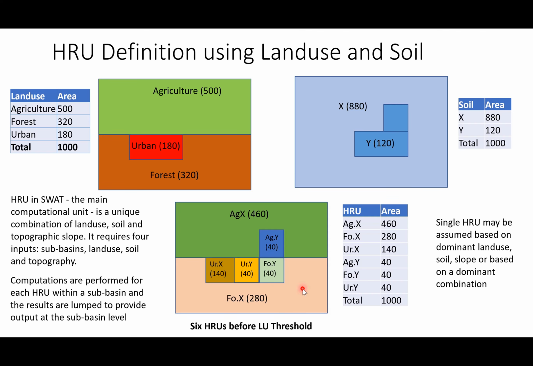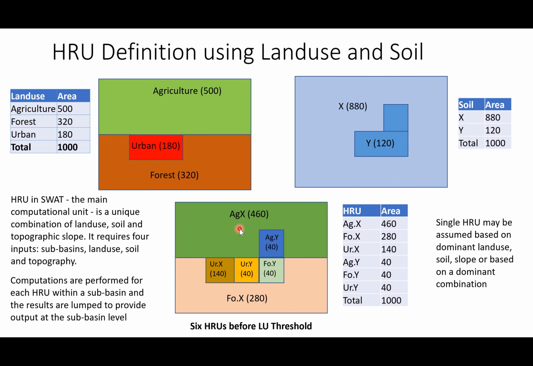So there are multiple ways of using HRUs in SWAT. You can use a single HRU based on dominant land use. So the dominant land use is agriculture here. Or you can use a single HRU based on a dominant soil. So the dominant soil here is X. Or you can use a single HRU based on the dominant combination.